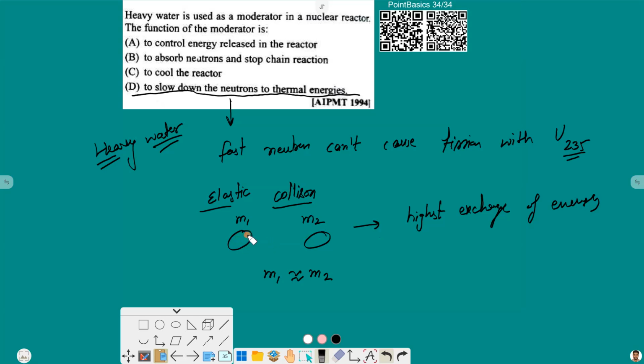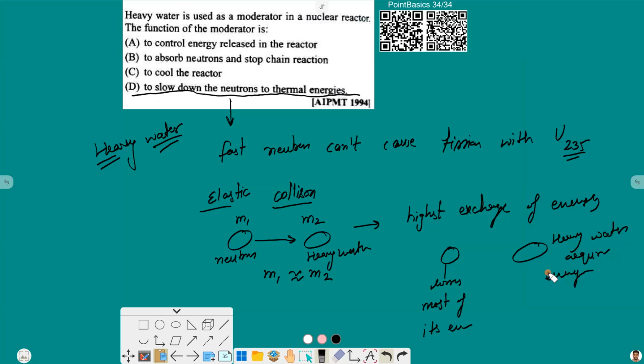Suppose this M1 is a neutron and this M2 is heavy water. Initially this heavy water is at rest. After collision, that neutron loses most of its energy, and heavy water acquires energy. Due to this energy, this water starts boiling, and we produce steam.